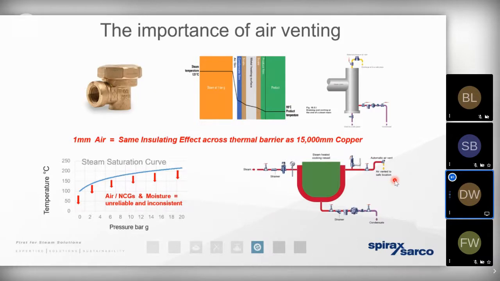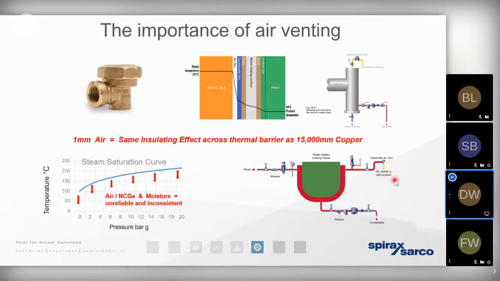In the distribution pipework itself, we're always at risk that air is going to be present, because when steam condenses, its volume collapses and it can pull air in from the outside through vacuum breakers and control valves and gaskets, for example. So we need to ensure that we're allowing the air to escape whenever the steam is pressurized.